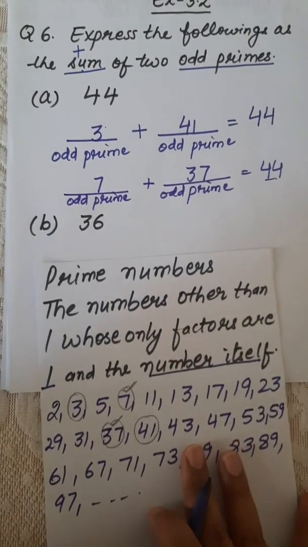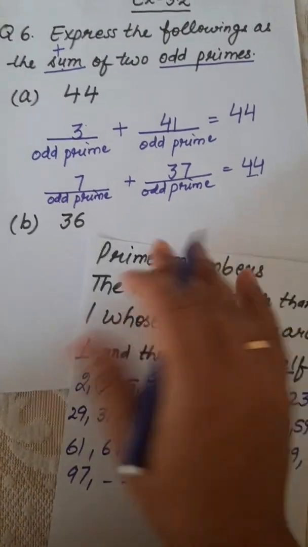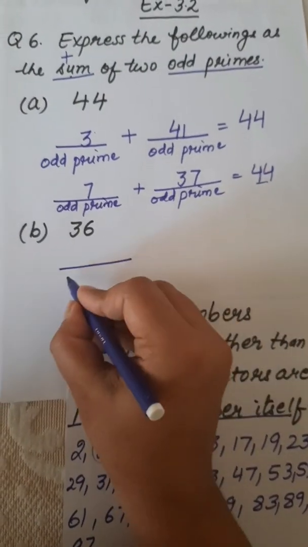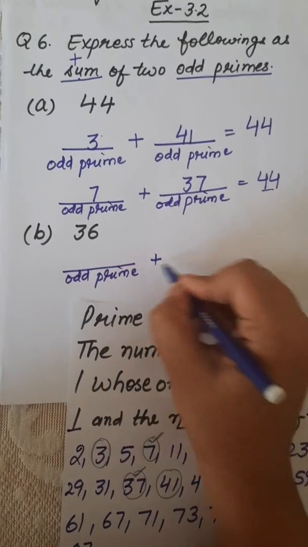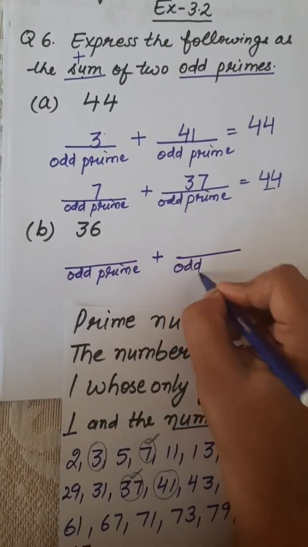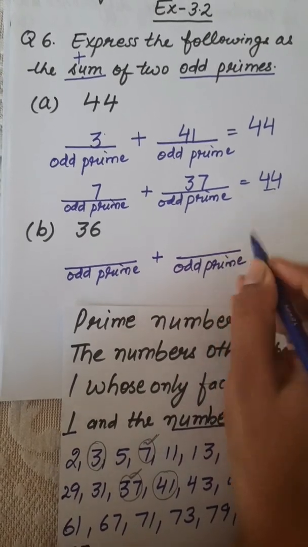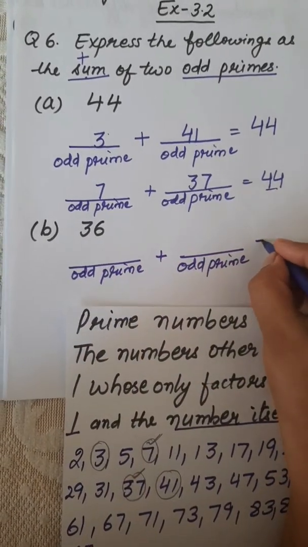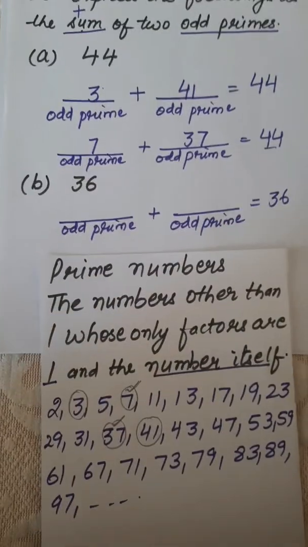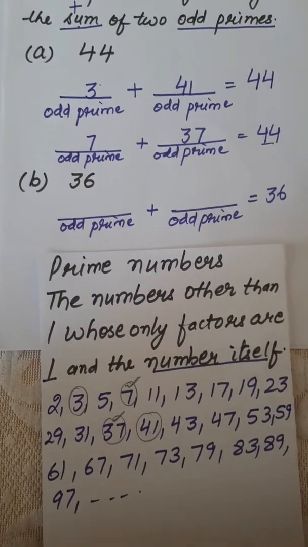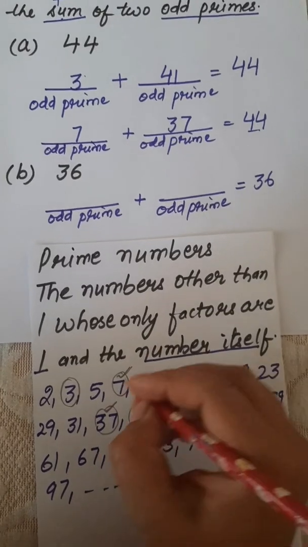Now next we have 36. Again in the question we have to add two odd prime numbers. The first number is an odd prime, the second number is an odd prime. When I add both the numbers, I will get 36. So let's find such a pair.